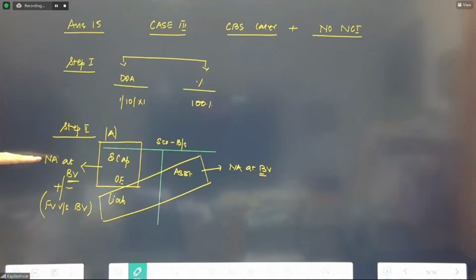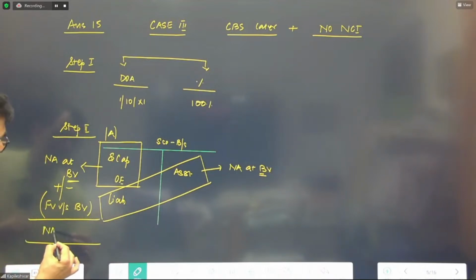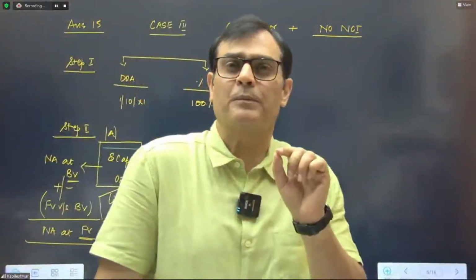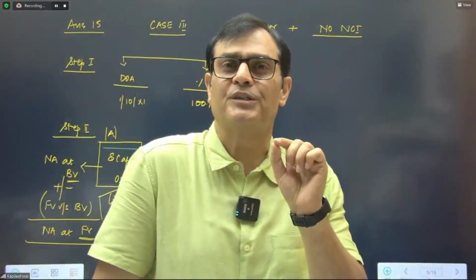You get the net assets at book value, and you need to take care of the increase or decrease between book value and fair value so that you convert this into net assets at fair value. Which means as a part of the analysis of other equity, you'll have to incorporate the changes in the book value versus fair value.